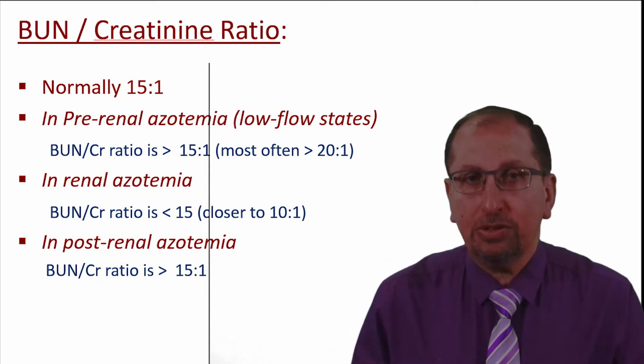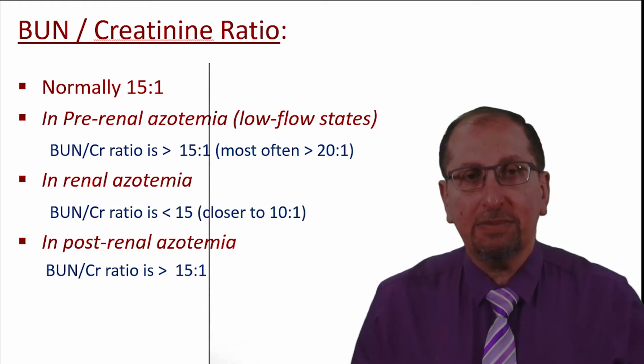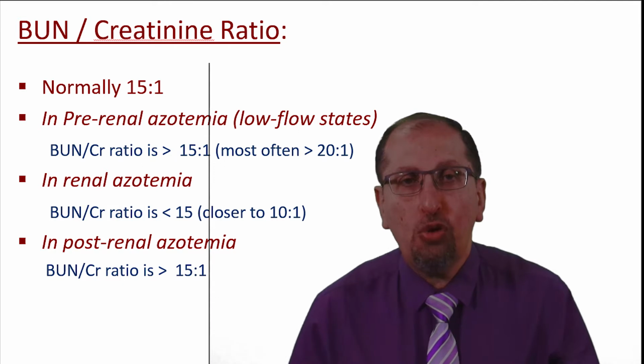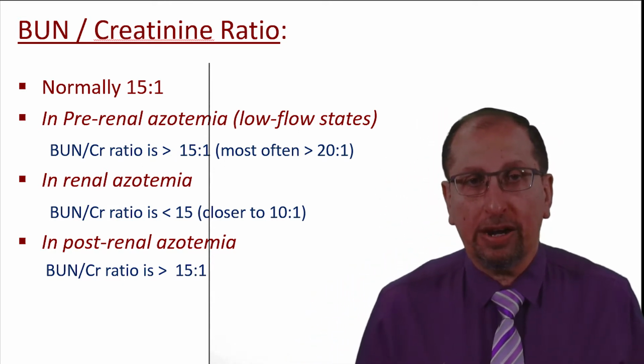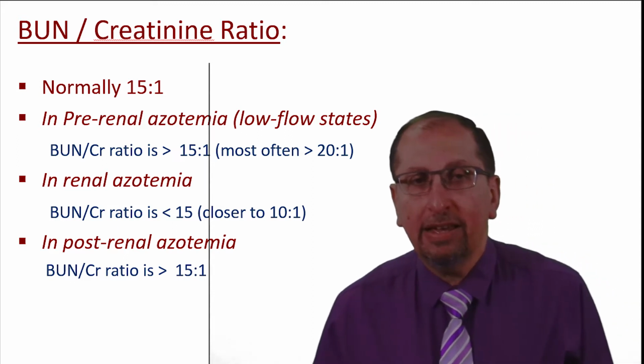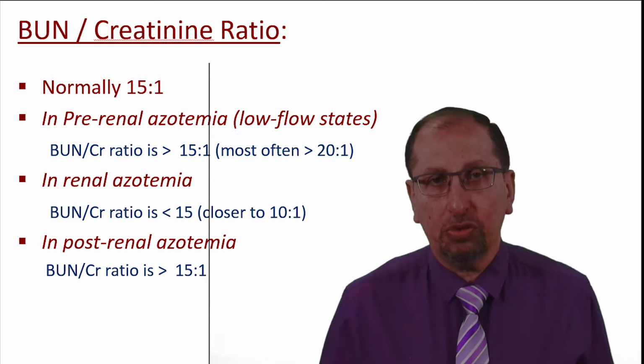In renal azotemia, when the defect is inside the kidney tubules themselves, the BUN to creatinine ratio is lower than normal, less than 15 to 1, closer to 10 to 1. In post-renal azotemia, the BUN to creatinine ratio is again higher than 15 to 1.